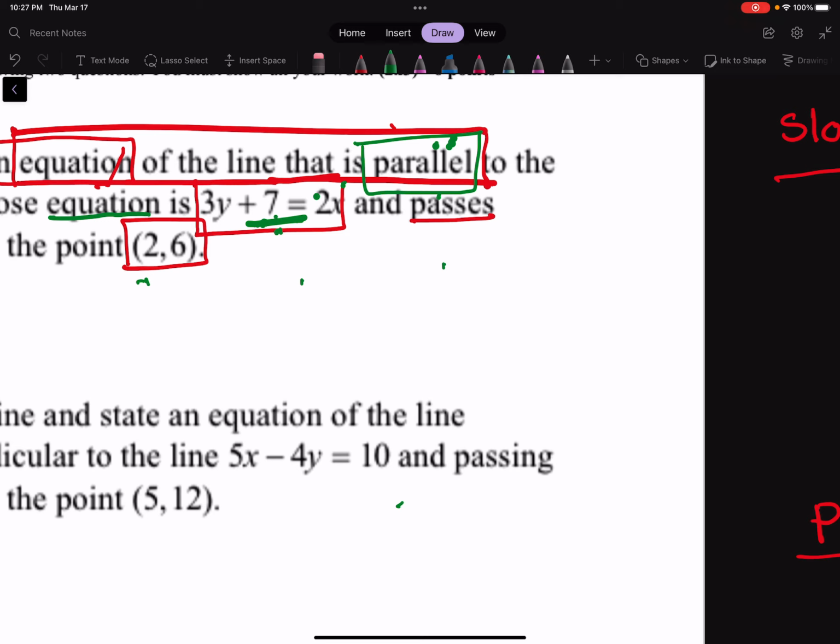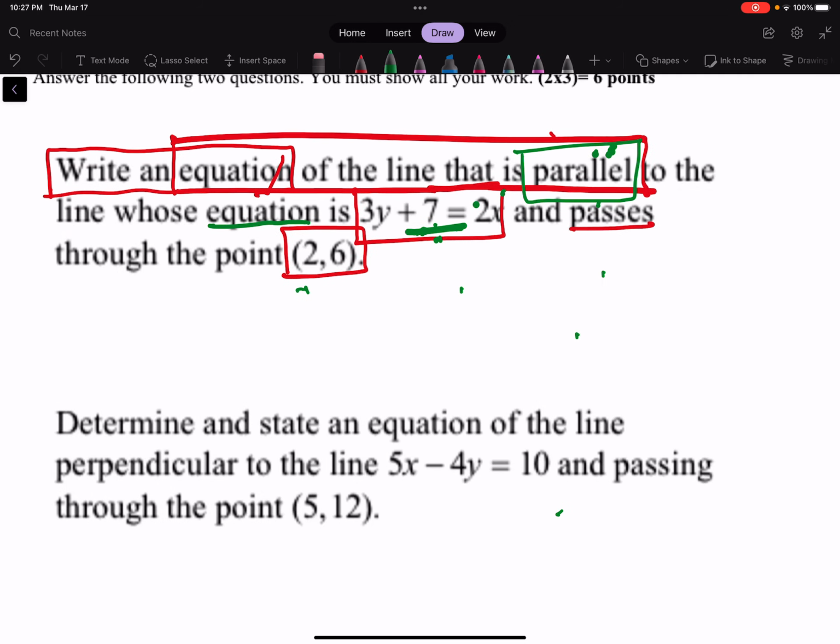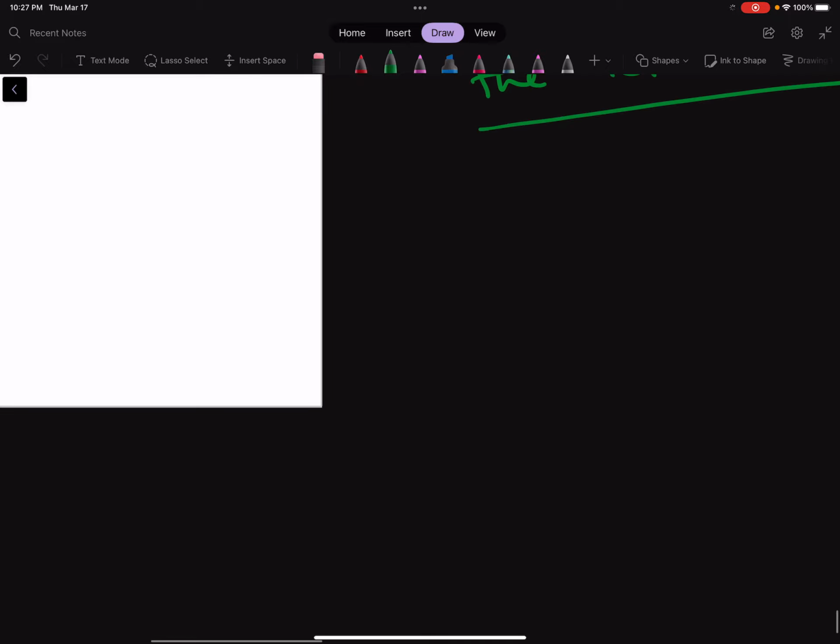And if they are perpendicular, then they will be negative reciprocals. So let's see what we have. We have the equation 3y plus 7. So let's go to our exit ticket problem number 1.